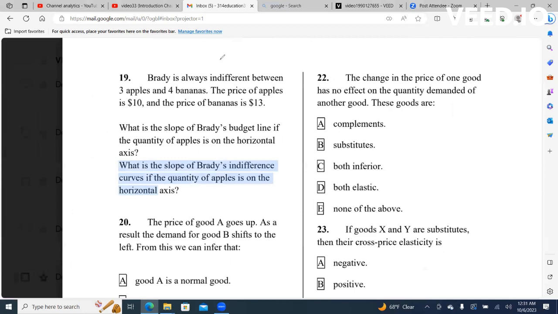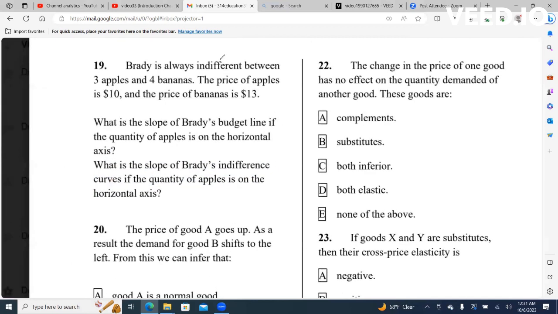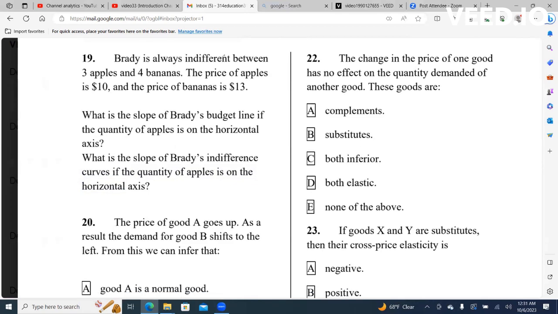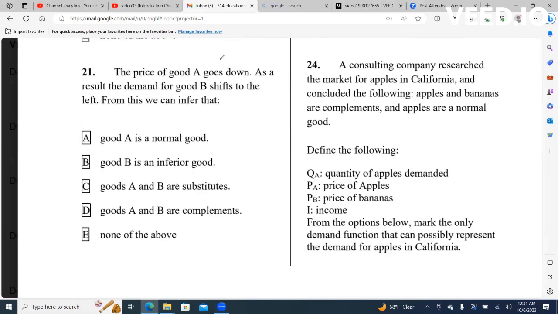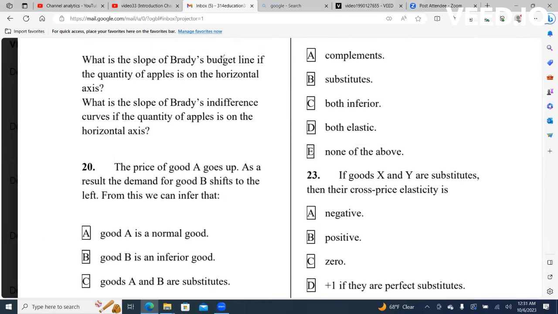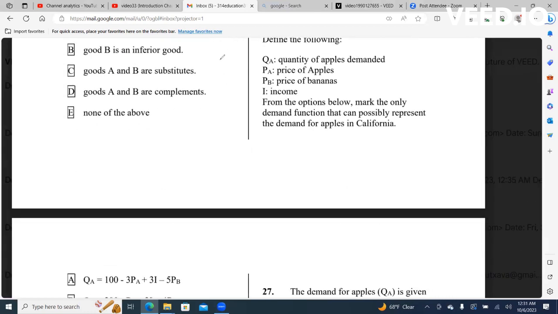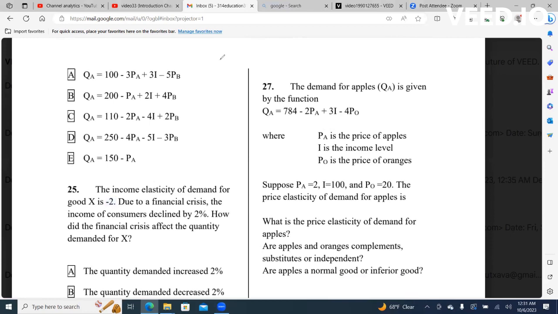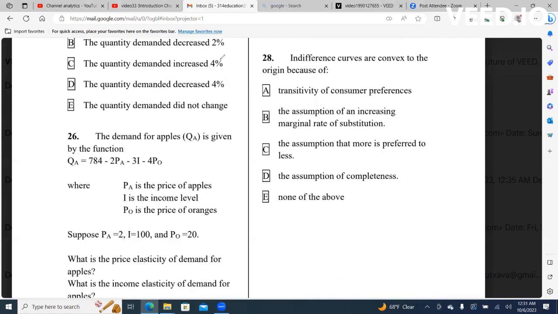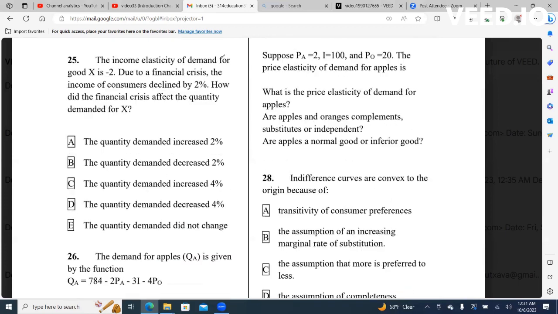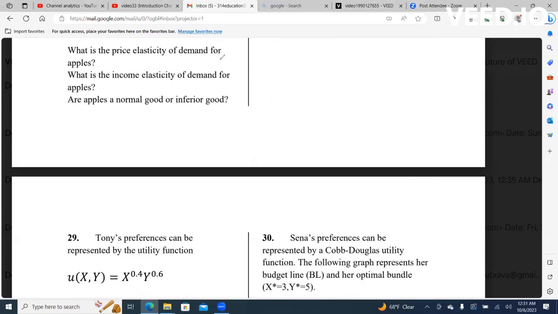So we're literally taking a look at the end of 3, 4, and 5 before we even begin. Okay, so 19, 20, 21, number 27, 28.